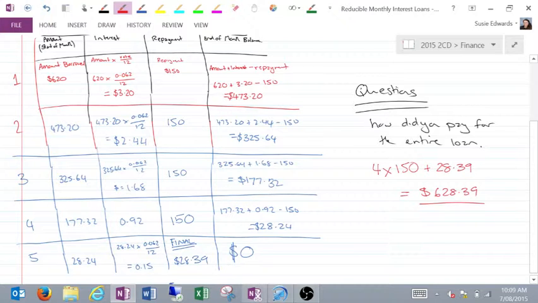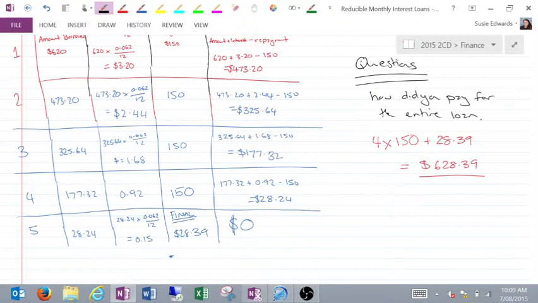Good. Okay. So anytime you're asked this, you need to write this in your notes. It's the repayments times the months take 1. Why is it months take 1? Because in your final month you don't pay a full repayment, you pay your final repayment.